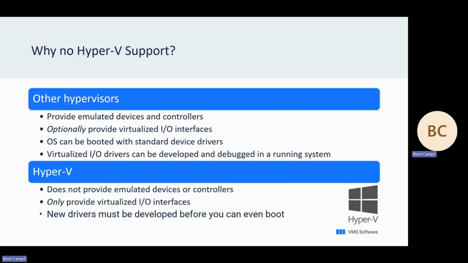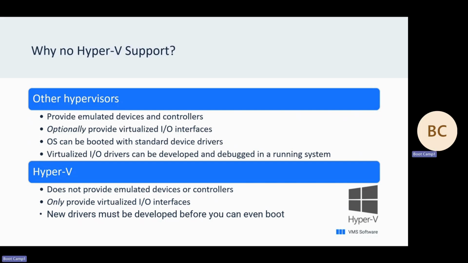Hyper-V is a completely different beast. There was a version 1 of Hyper-V and a version 2. Version 1 was like the other hypervisors. Unfortunately, VMS cannot run on a Hyper-V 1 virtual machine because Hyper-V 1 doesn't offer the UEFI firmware. It only offers BIOS, so we cannot run there.